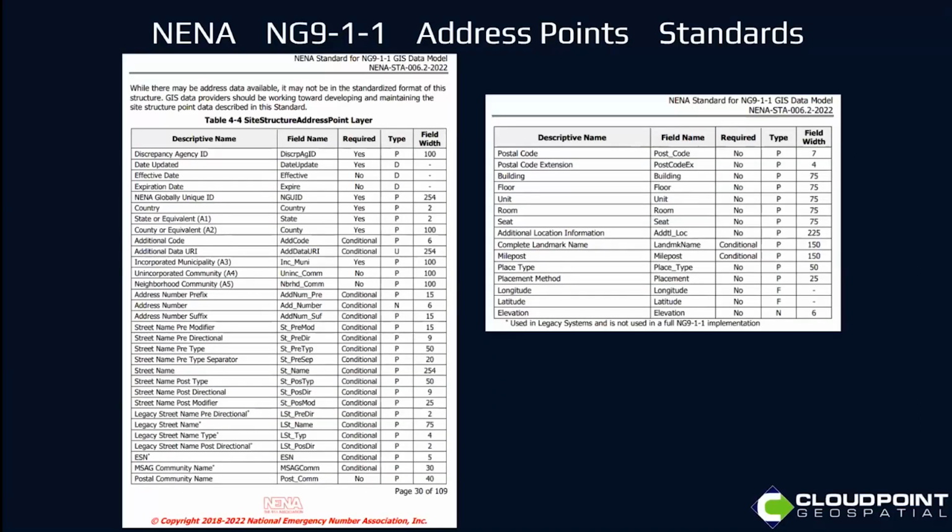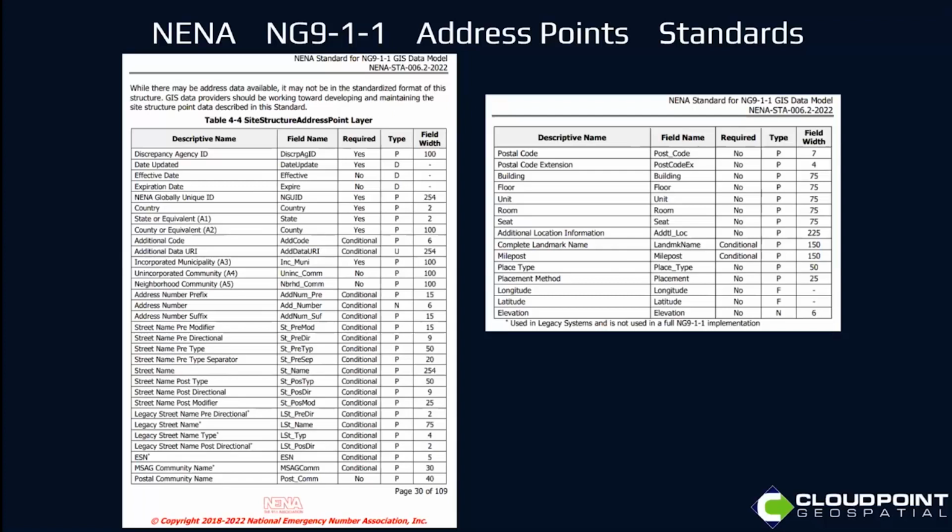So let's talk about the NENA standards. This is the NG9-1-1 data schema that we at Cloudpoint work to bring our client data into. We have a lot of options. Compared to old E911 field types, NG911 is parsed further.